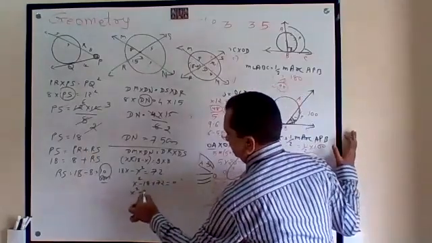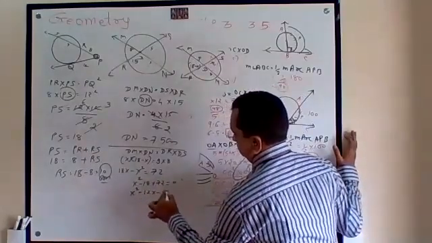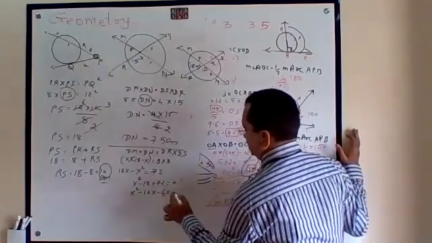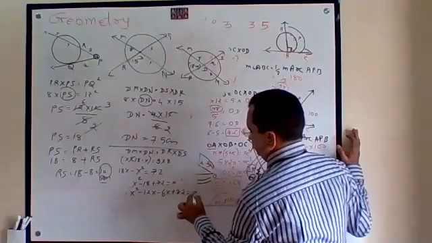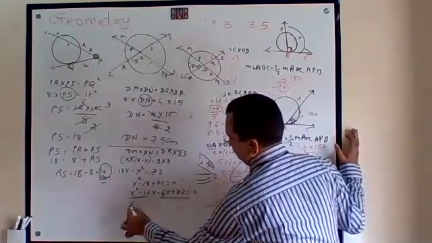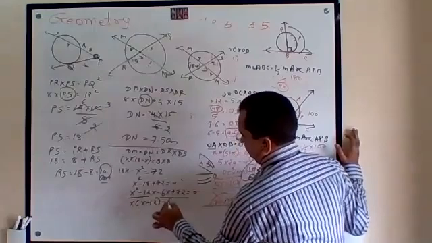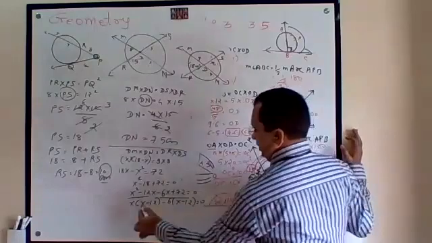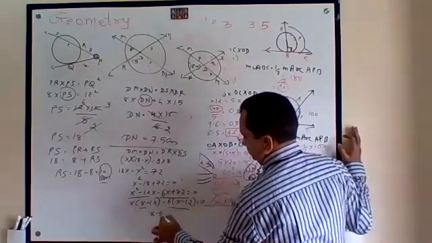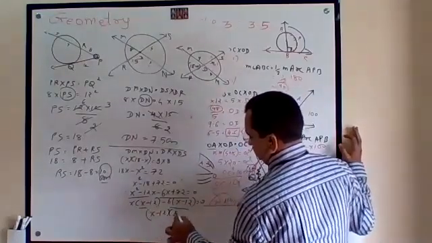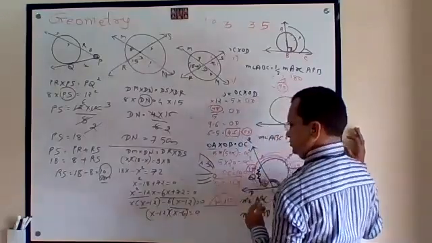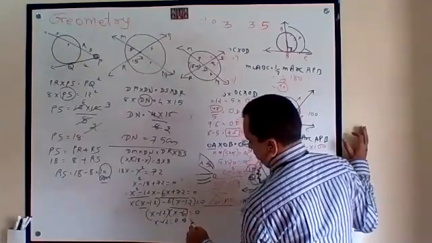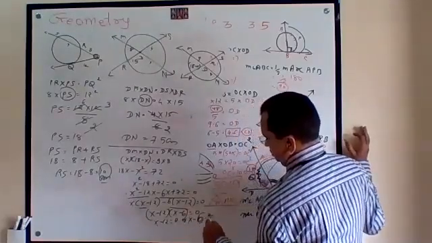Twelve, six, 72. Correct. So x minus 12 is equal to 0 or x minus 6 is equal to 0.